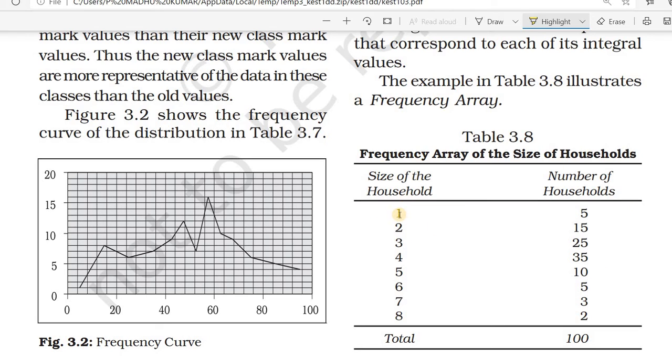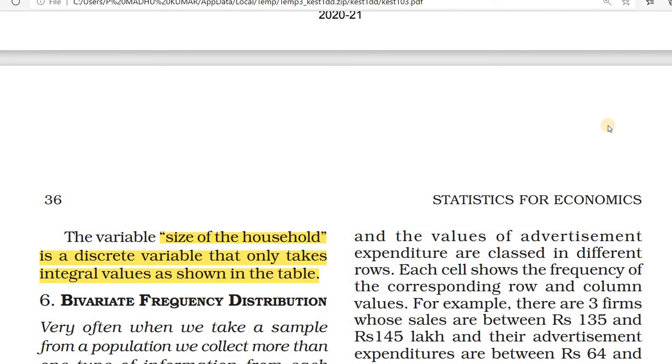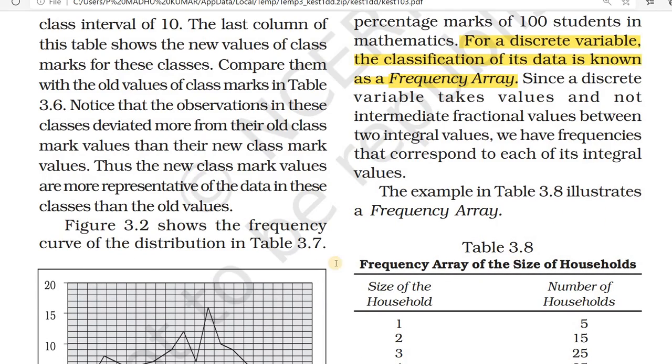Size of the households 1, 2, 3, 4, like that we mentioned, and number of households 5, 15, 16. We call this a frequency array. Size of the household is a discrete variable that only takes integral values, as shown in the table. Okay, then this is the frequency.